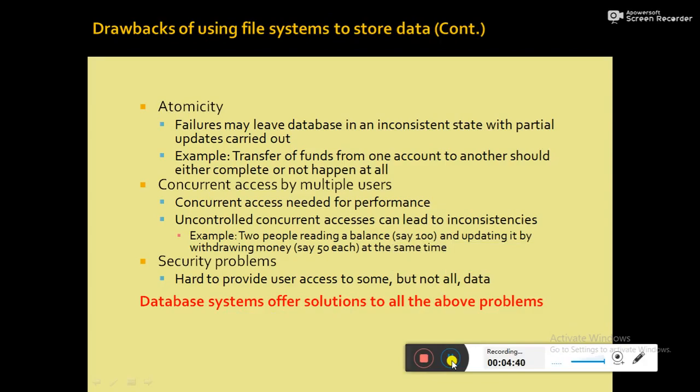The next drawback of the file processing system is the security problem. Security problem means not every user of the database management system should be able to access all the data. Suppose one customer of a particular bank should not access the record of another customer.